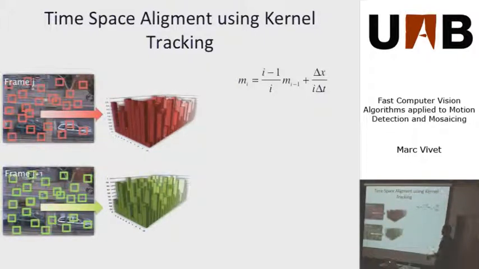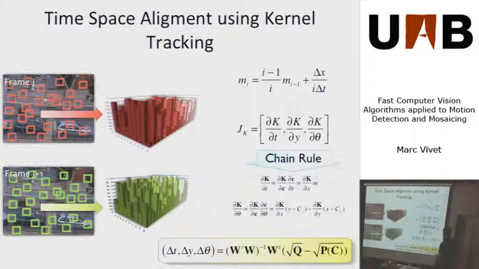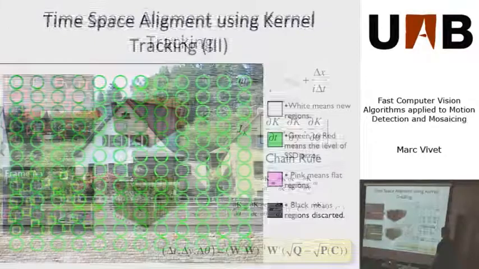We do this for a lot of lines in the scene, and then we minimize all the regions together, but in this case, instead of deriving the curve with respect to the previous parameters, what we do is derive with respect to the time, the vertical displacement, and the rotation of the camera. And again, we do this by computing the chain rule. In this case, the final solution in the least squares will be the increment of time, the increment of y, and the increment of rotation of each frame with respect to the previous one.